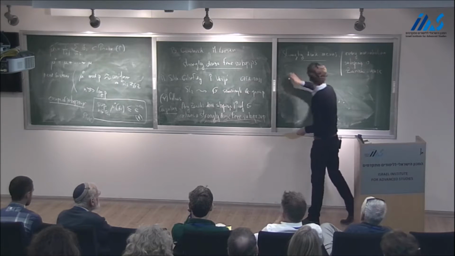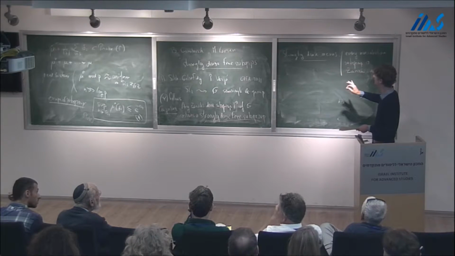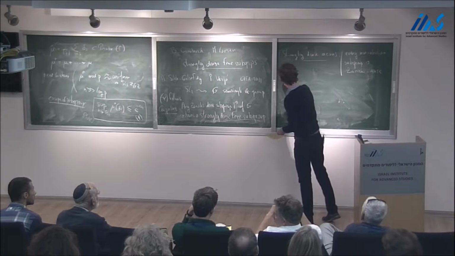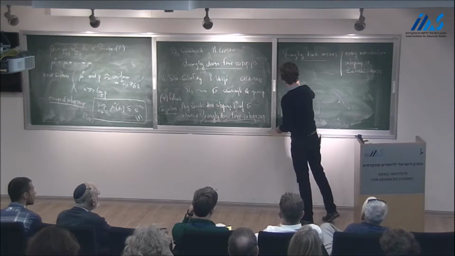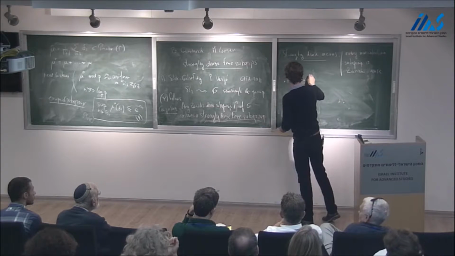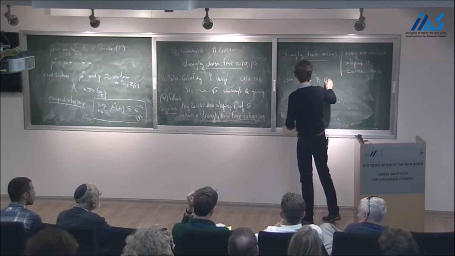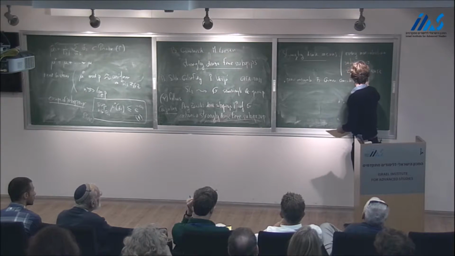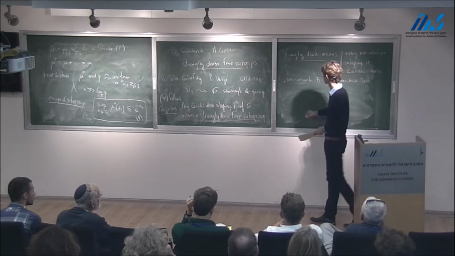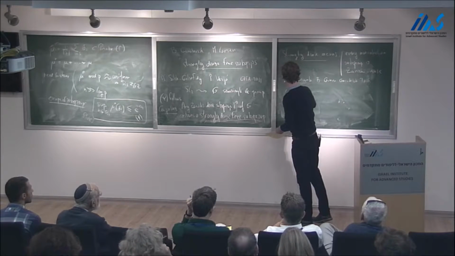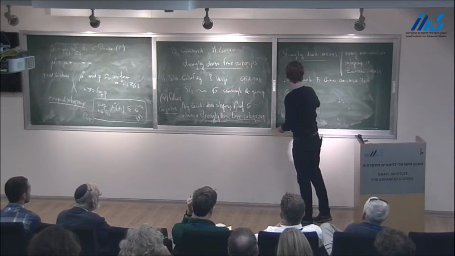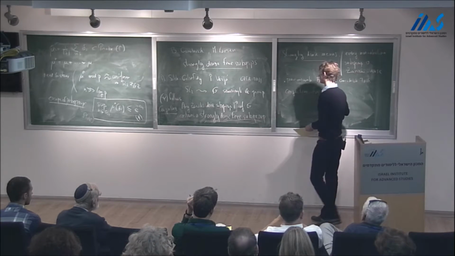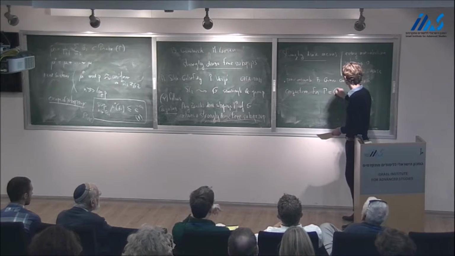So I'm going to report on work which is not yet on the arXiv, but should be soon. What's already on the arXiv is a previous work of myself, Green, Guralnick, and Tao, and we proved this conjecture for the case when the Zariski dense subgroup is very large.